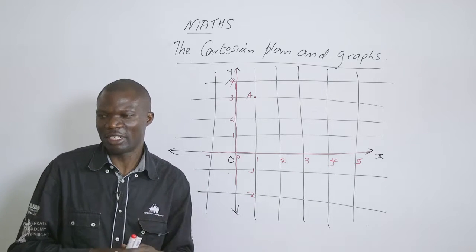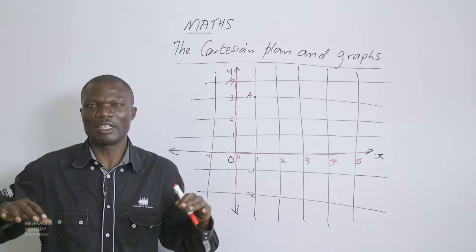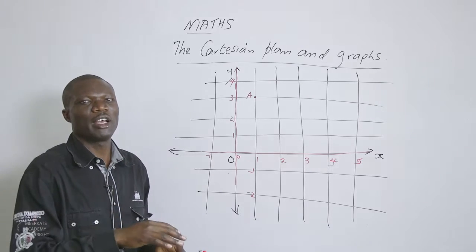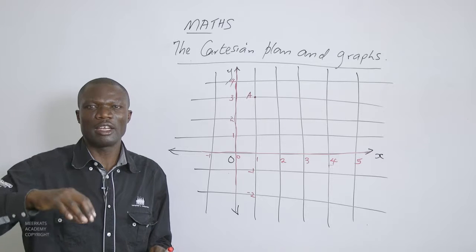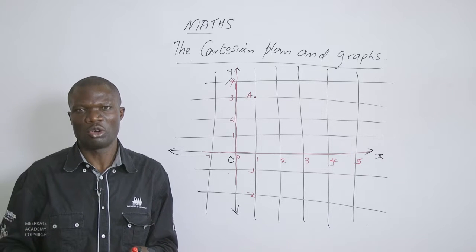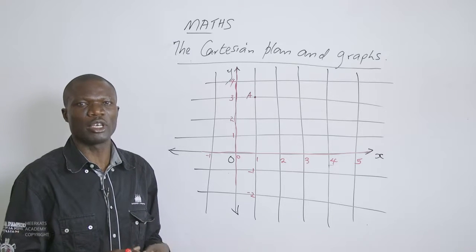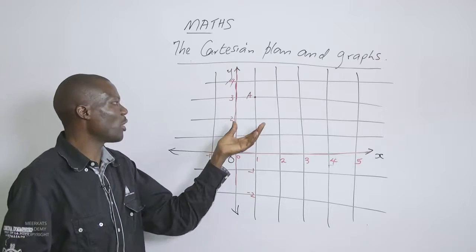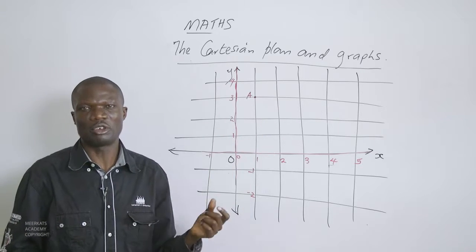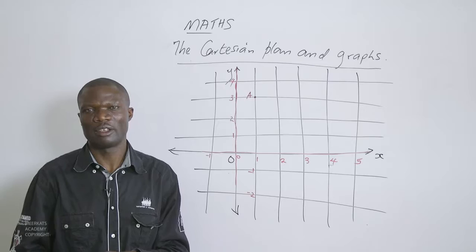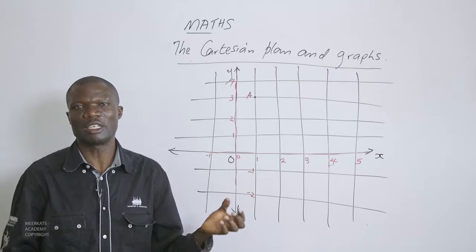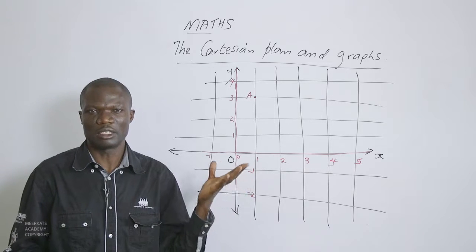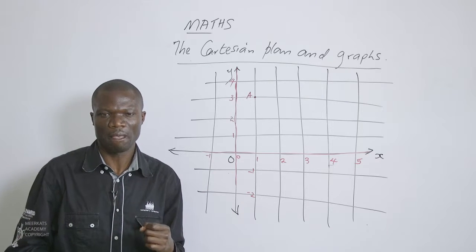You realize that the way you are seated in this classroom, each student has a different position, whereby we can locate the position the way we are locating the points on a Cartesian plane. So that is how a Cartesian plane helps us in ordinary situations of real life.